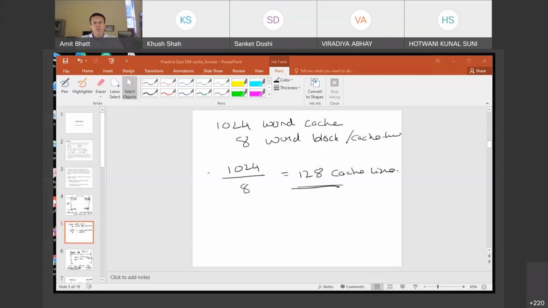Your data path might bring in 2 words in parallel or 4 words in parallel, not more than 8 words. That would be huge, because 8 words in parallel means a 256-bit line. Then at every cycle, 8 words would come. So to bring in 1024 words, you have to wait for, I believe, 128 cycles to fill the whole block, because the calculation cannot start before the block is complete.